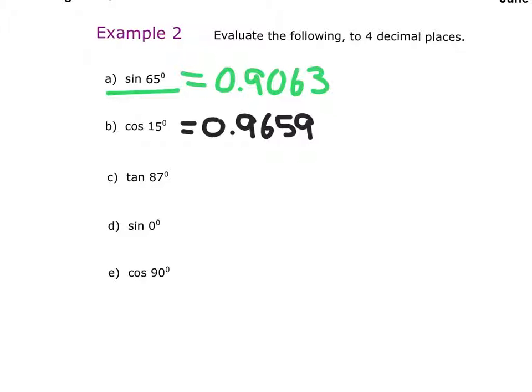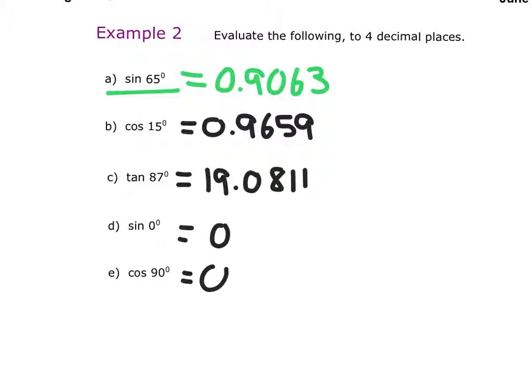Okay, guys, so we're going to just finish answering the questions. So we go tan 87. We get 19.0811. Sine 0 is going to be 0. And then cos 90 equals 0.